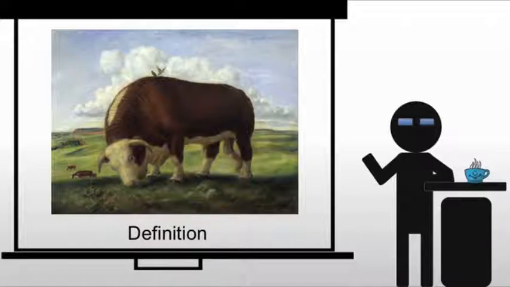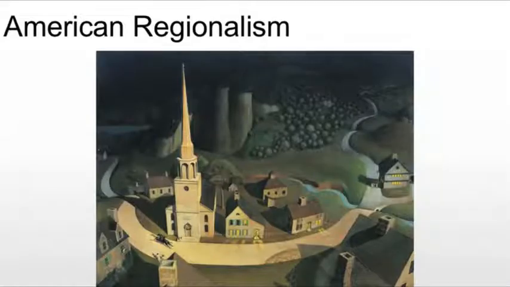Now, these works will stress a couple of different ideas. For example, we will see local small-town themes, and that is, strictly speaking, known as American regionalism. This sort of small-town depiction or country depiction.